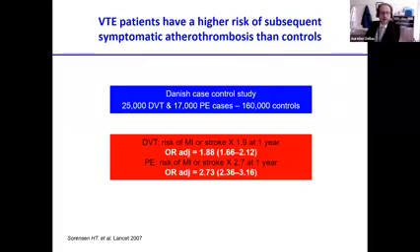And they found that after adjustment for potential confounders, patients with an index DVT had a 1.9-fold increased risk of developing MI or stroke in the year following the DVT event. And in patients with PE, this risk was higher, a 2.7-fold increase in the risk of developing symptomatic myocardial infarction or stroke in the year following the index PE.